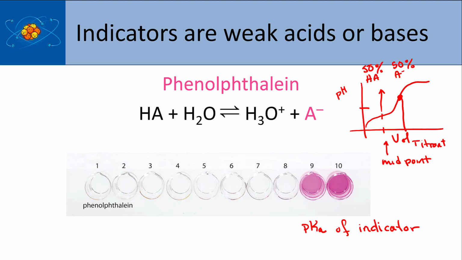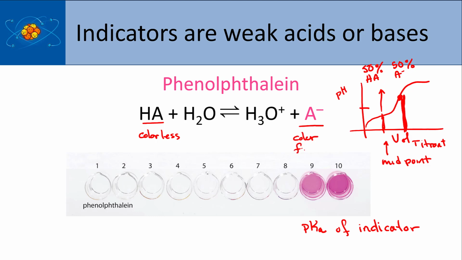You've converted half of it over because the moles of acid and base are the same at the equivalence point, the added titrant. But here you've only added half, so you've converted half of it over. Now, the same thing is happening to the indicator, but for phenolphthalein, this is colorless, and this is bright pink. So this has color to it.